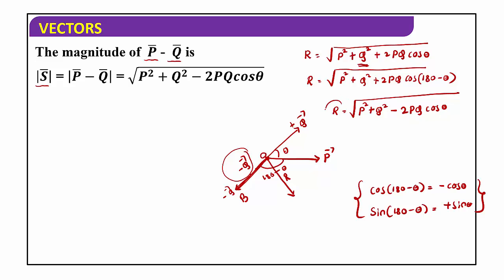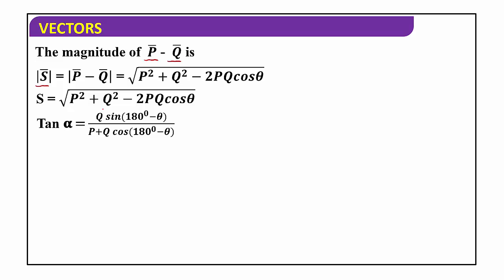Here, instead of the alphabet R, we can take alphabet S. So, what is the equation we got here? S equal to square root of P square plus Q square minus 2PQ cos theta. Then now we can find the direction. We know the expression tan alpha equal to Q sin theta divided by P plus Q cos theta.